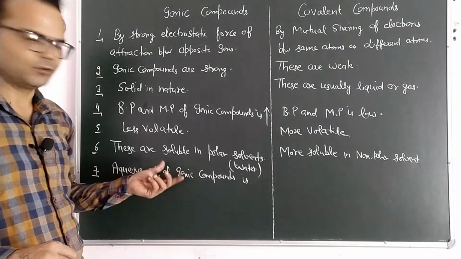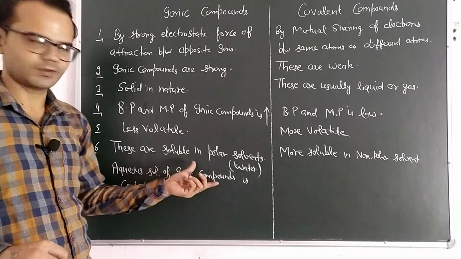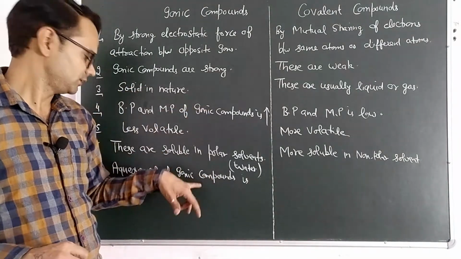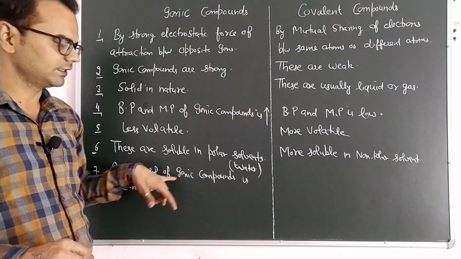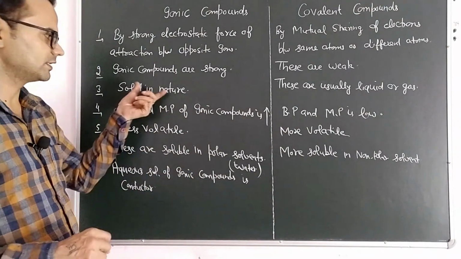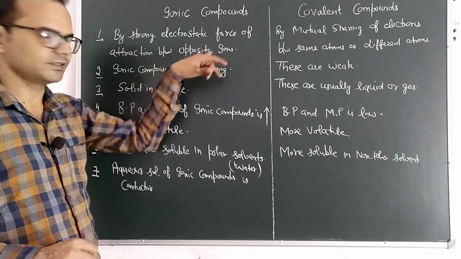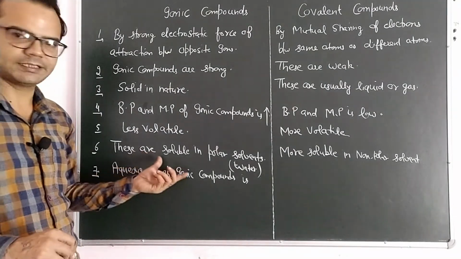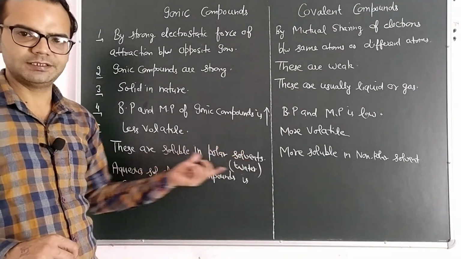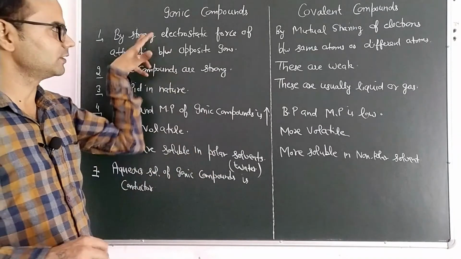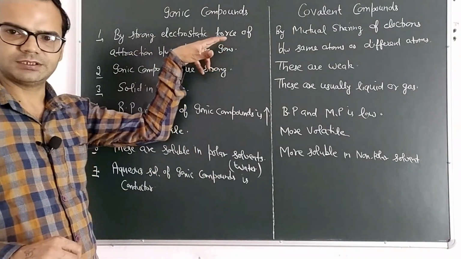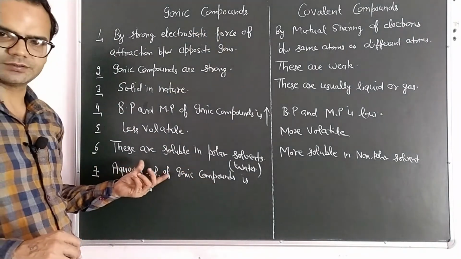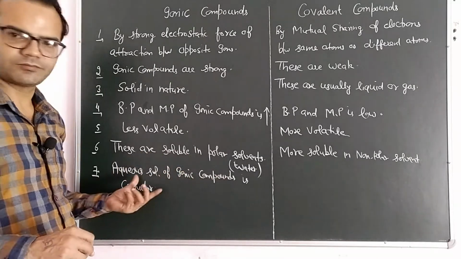Current and heat will pass only in an aqueous solution of an ionic compound. But if we take them in a solid state, there will be no transfer of heat and current, because in solid state there is no movement of ions. Ions are closely packed. But when we prepare an aqueous solution and they interact with the solvent, heat is released and that heat is sufficient to overcome the strong electrostatic force of attraction. So they split into ions in aqueous solution. That's why an aqueous solution of an ionic compound is a conductor.